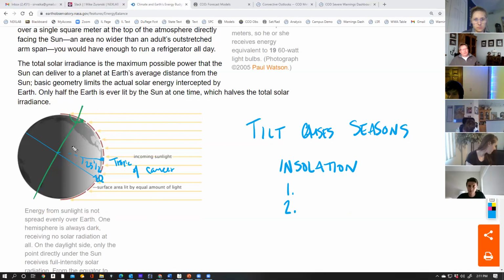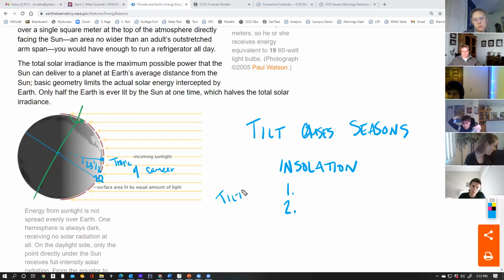What are the two things that the tilt of the Earth results in? Like, how does the tilt change the seasons? How does it change the insolation?